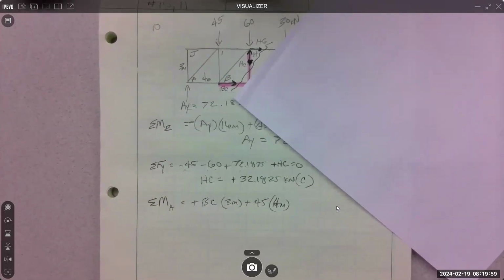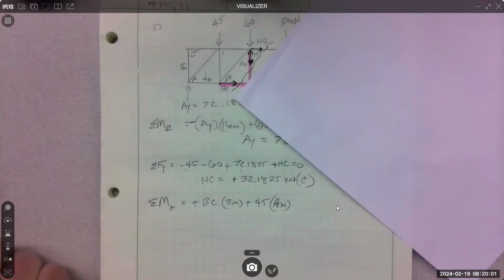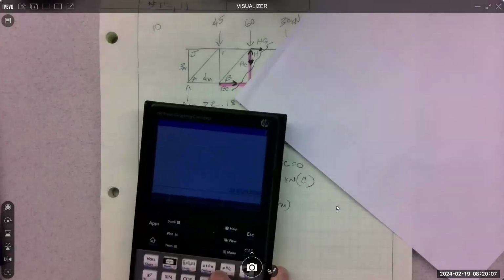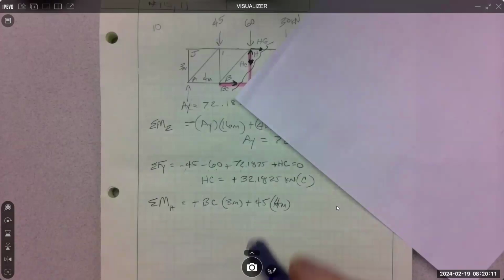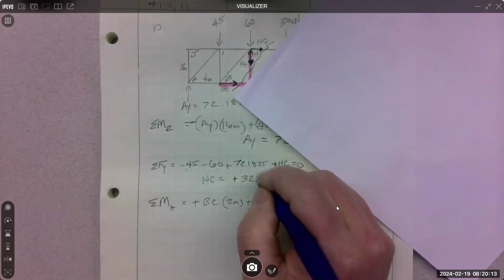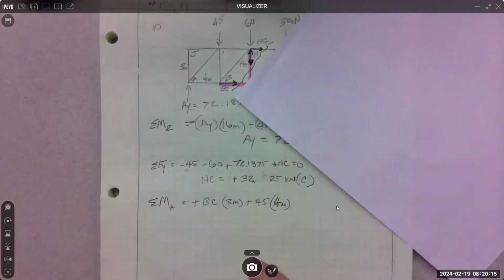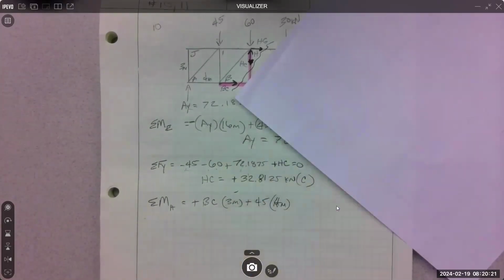It's supposed to be 32.8, 12 and a half, instead of 182. Oh, did I dyslexia it? Yeah, look at that, calculator. Blame the calculator. The calculator's right, blame me. Oh, 8-1. All right. Thank you.